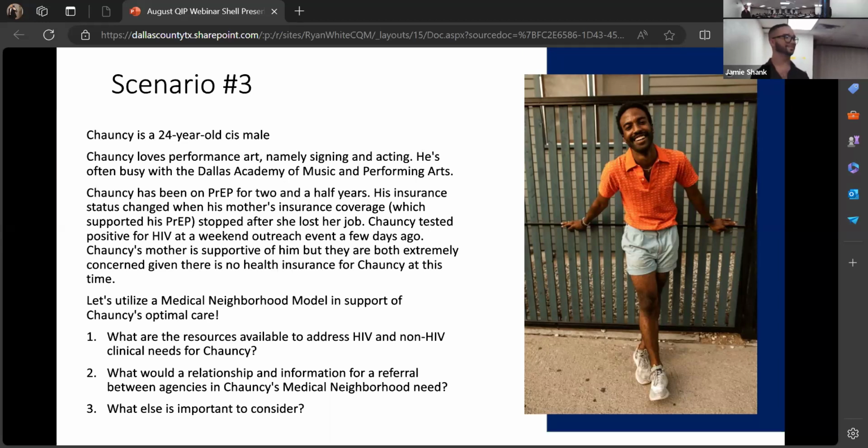For question number 2, when it comes to what kind of information agencies should exchange, something I just learned about is Z codes. Is anybody familiar with Z codes? I was not; I just learned it like 5 minutes ago. Z codes basically assess the social determinants of a person. It's a code that says whether a person could be experiencing poverty, maybe mental health issues, or things like that.